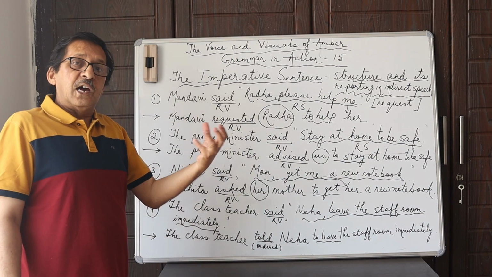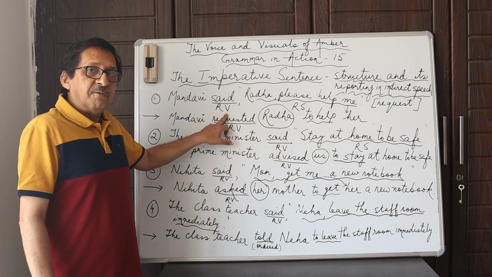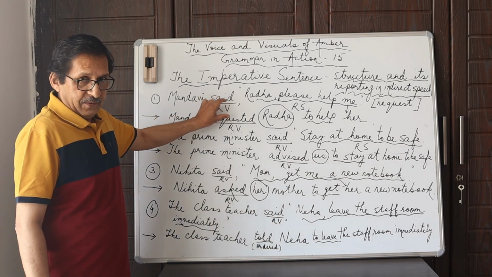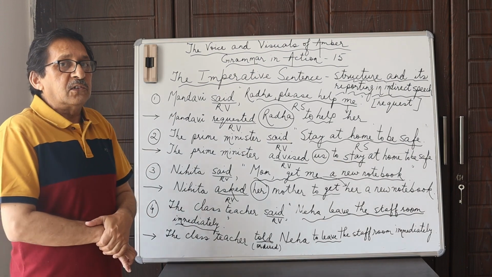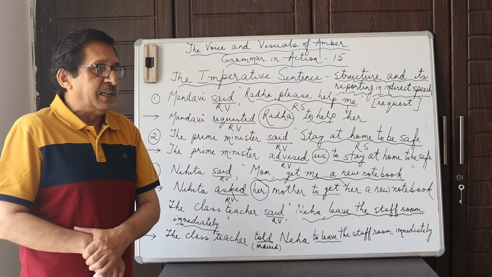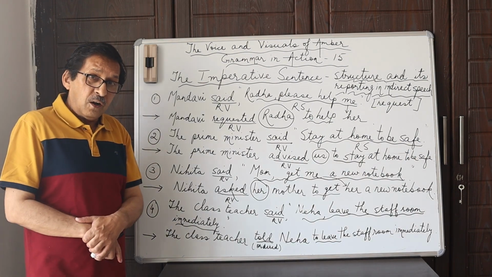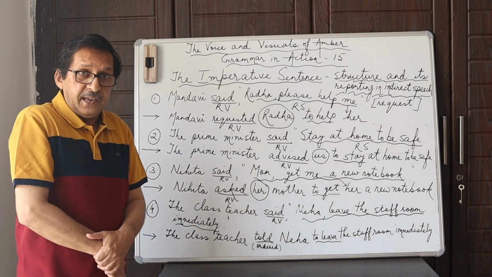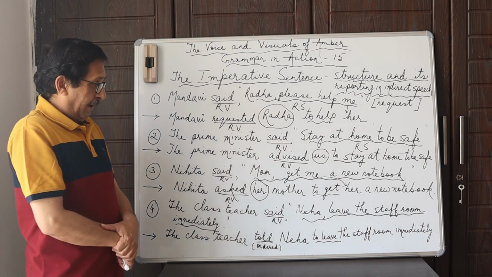So even when we are reporting in indirect speech, the tense of the reporting verb will never change. But we will change the word, because in imperative sentences, either we request somebody to do something, or we ask somebody or tell somebody or advise somebody to do something, or finally we order or command somebody to do something.